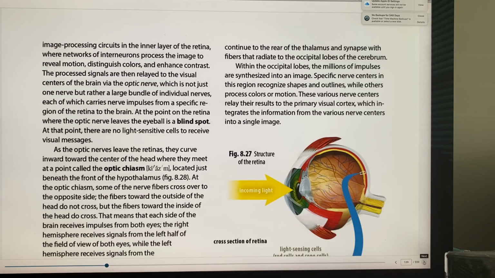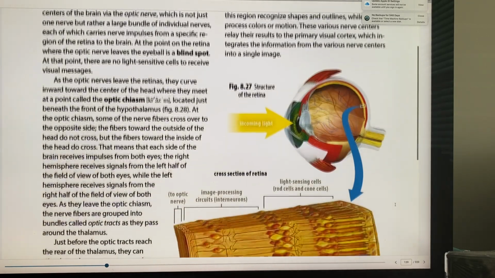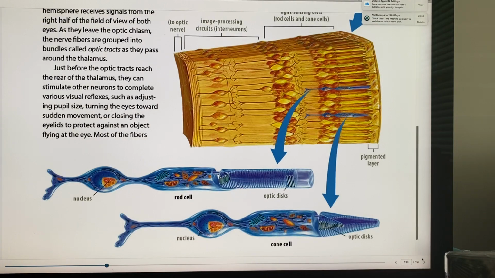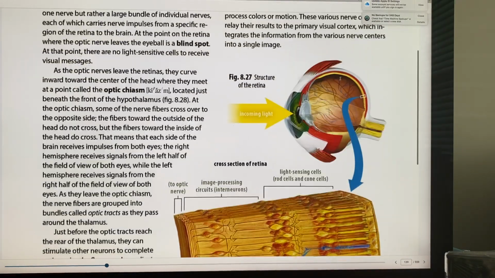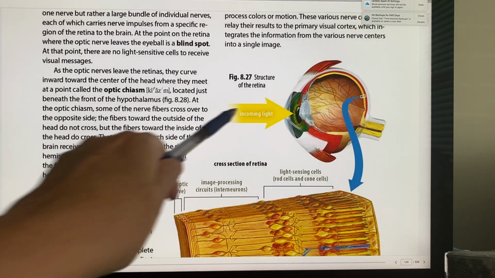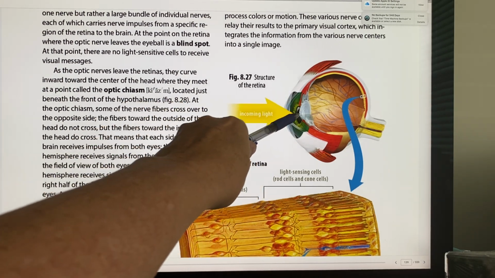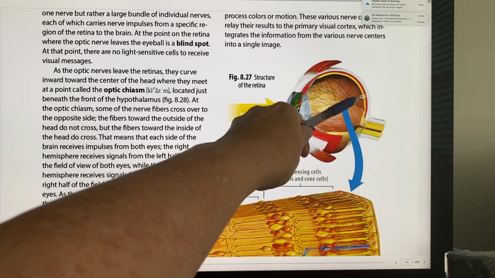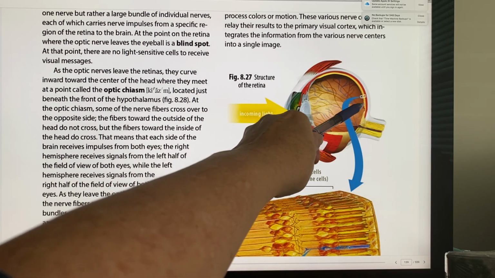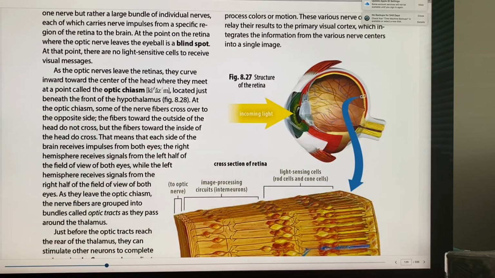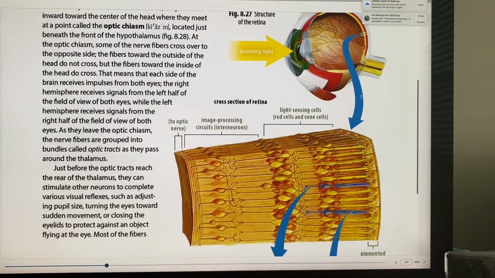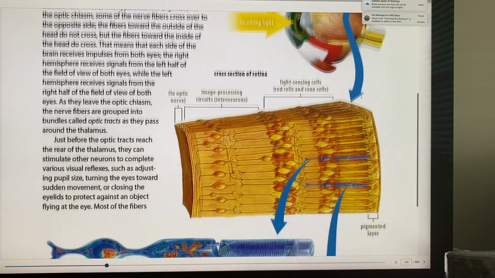So now we went through all the structure of the retina with the rods and the cones, kind of important. Here's where it comes from. Here's the retina. See how the retina's in the back here? The incoming light's coming through, and you have the lens reacting, goes through all this vitreous humor, but anyway, it goes back to the retina here, and these are where the light sensing cones are getting the pictures of what we see.